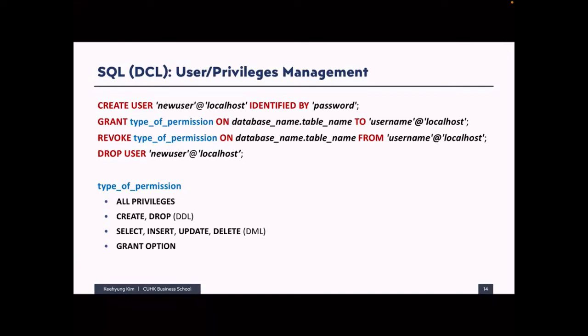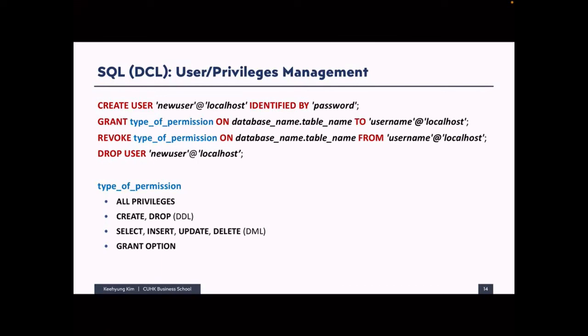Usually, in a company, let's say there is a database administrator and there are many data scientists or data analysts. The database administrator may want to give only select privilege to the data scientist.